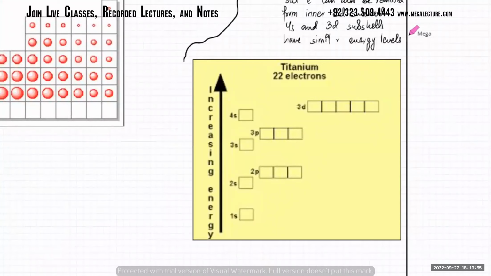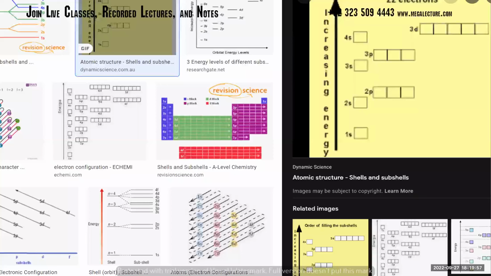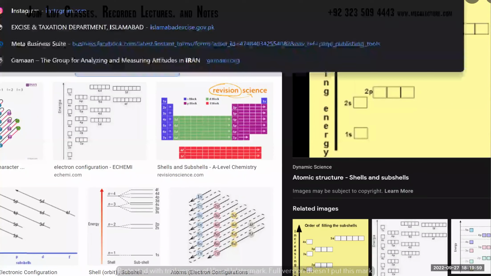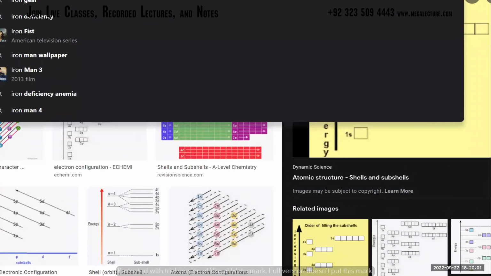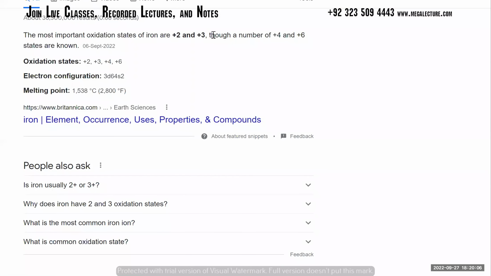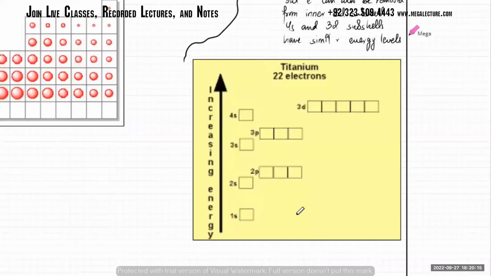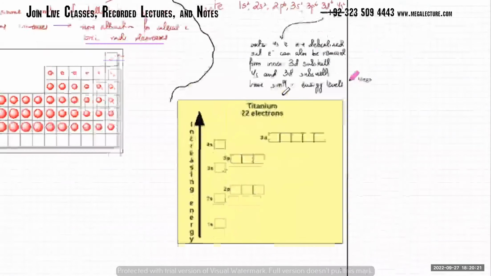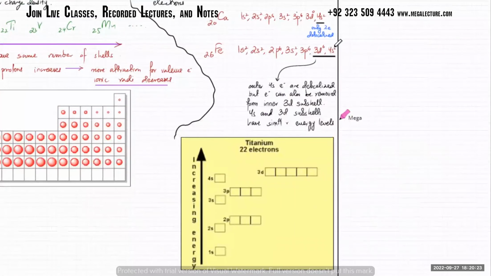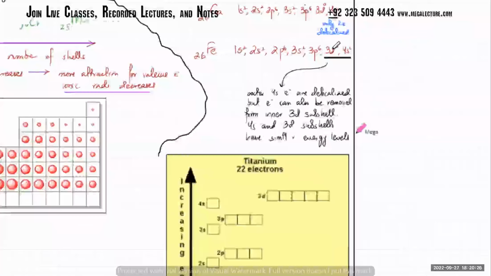If you look at the oxidation states of iron, iron has lots of oxidation states. +2 and +3 are the common ones, the ones that you have mostly seen, but it goes all the way up to +6. It depends on the other element, how powerful an oxidizing agent the other element is. How many electrons it loses depends on how many electrons the other element can take away from iron.